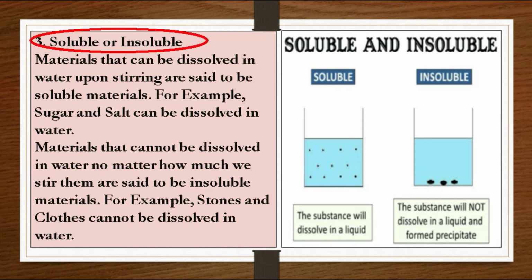Students, as the heading suggests here, materials that can be dissolved in water upon stirring, means when we add something to water and when we stir them, and if they dissolve in water, then we can say that these materials are soluble materials like sugar, salt, etc. While the materials that cannot be dissolved in water, even if you stir them continuously, are termed as insoluble materials like stones, clothes, etc. So those materials that can be dissolved in water are termed as soluble materials like sugar and salt, and those materials that cannot be dissolved in water are termed as insoluble materials like stone, clothes, dust, etc.